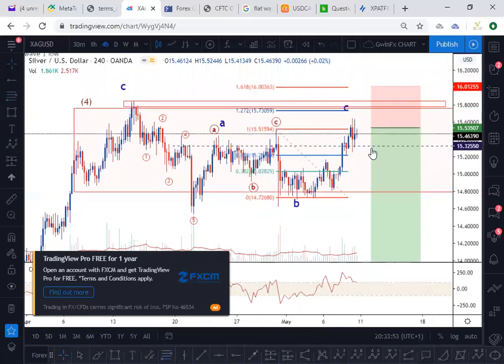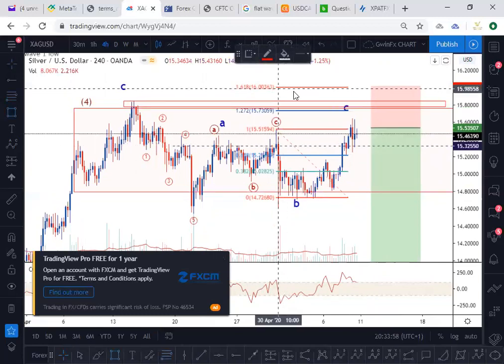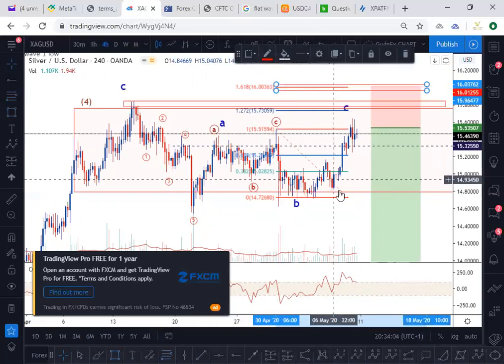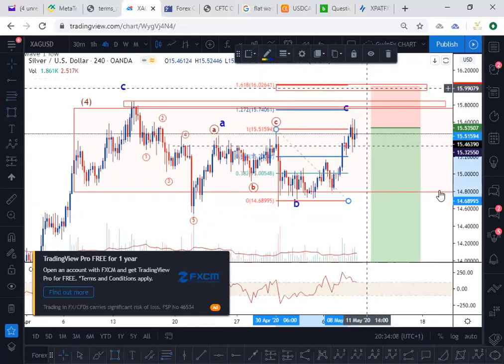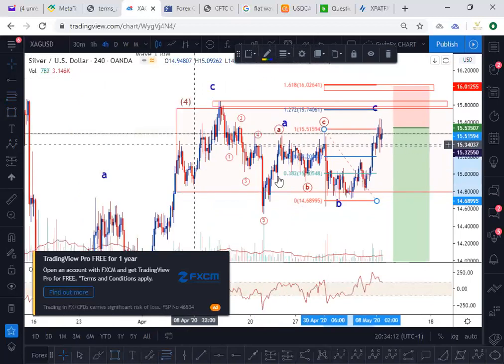Even though price will indeed try to break up this zone, because these are 1.618 Fibonacci levels, we will still look to find some reaction inside of this area for a sell, because this typically could become a running flat.